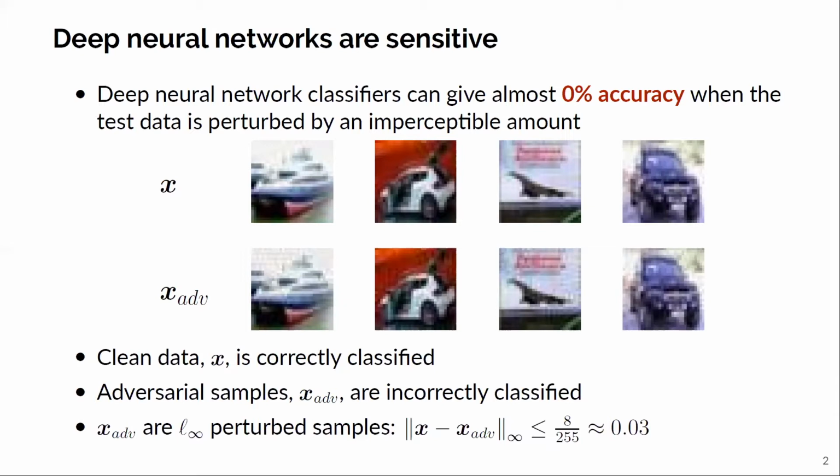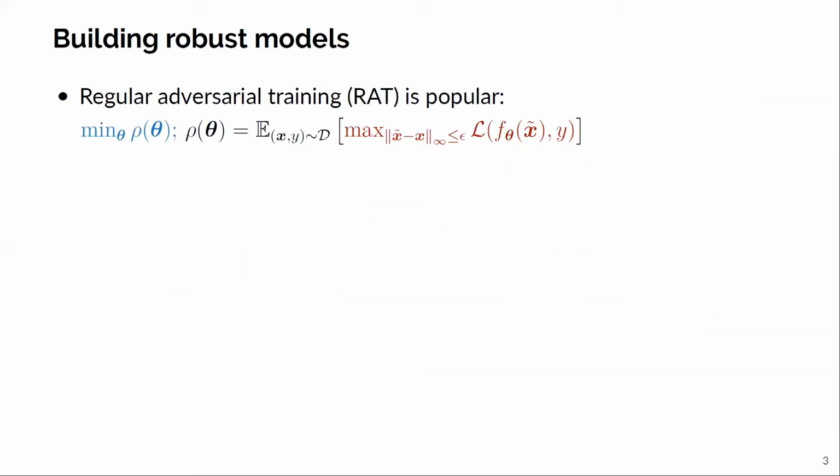It has been known for some time that deep neural networks suffer from this problem, and there have been a variety of approaches to train models to be robust against such adversarial samples. One popular method is regular adversarial training, where we seek to solve the optimization problem shown here.